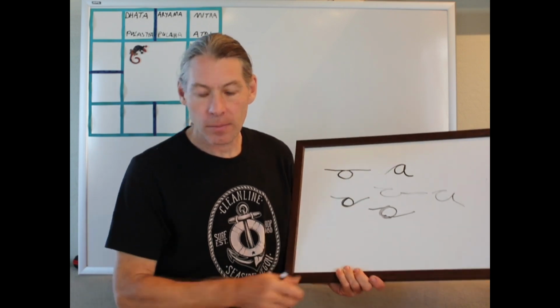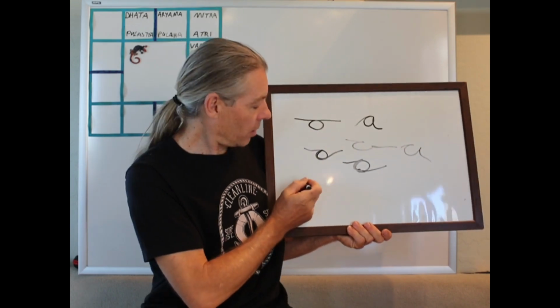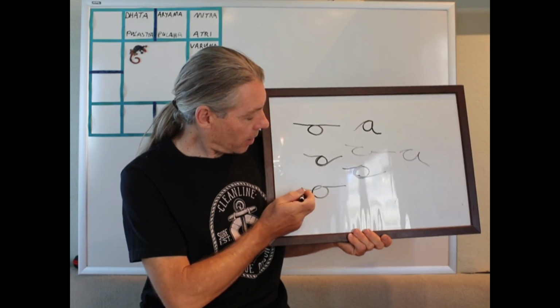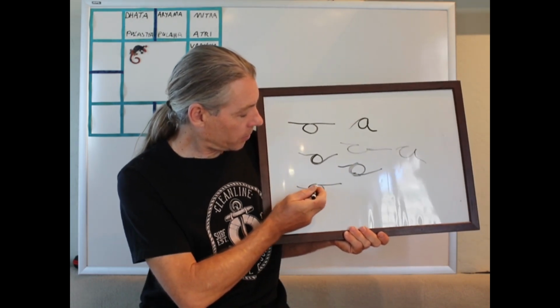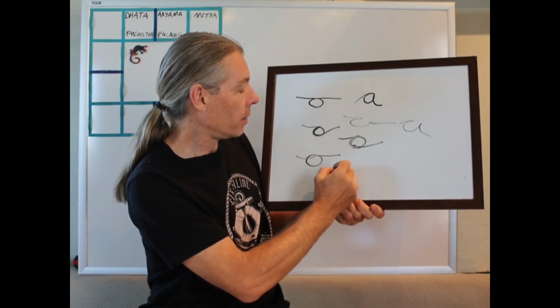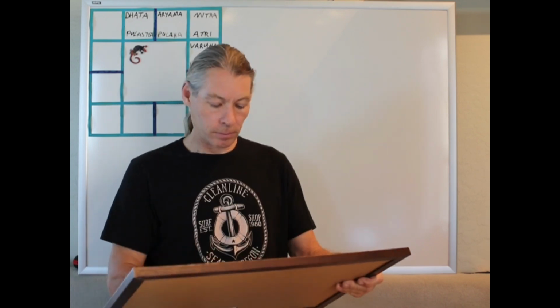Okay. Now let's say a person, you see this stuff a lot, okay? They come in here, they do a loop, and they loop their O like this. So they start it with a loop. So they have an entry loop in their O, or in their A, they come up here.